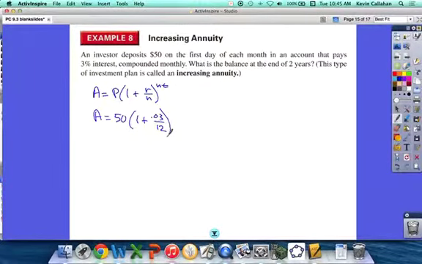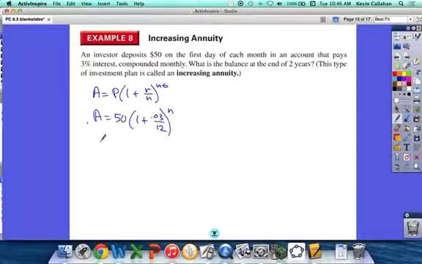In the formula that we used the other day, instead of saying it like that, this just said raised to the n, where n is now the total number of compoundings. It's not the compoundings per year times the number of years. It just represents the total number of compoundings. So we're not really interested in this one. We're interested in this one right here.